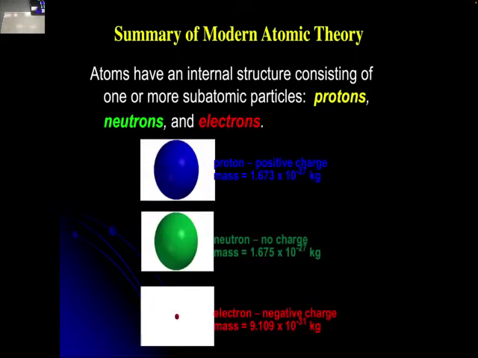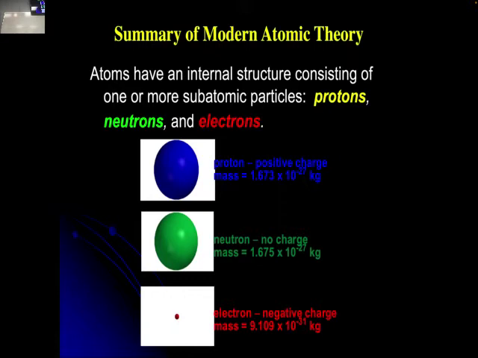Ooh, that doesn't look very good on the screen, does it? I'm sorry. So you all know about a proton. For whatever reason, I made protons blue. They have a mass of about 1.67 times 10 to the negative 27th kilograms. Pretty small amount of mass, but that's where a lot of the mass of an atom comes from. Then you have neutrons, which are neutral, and they have a mass of about 1.675 times 10 to the negative 27th kilograms.